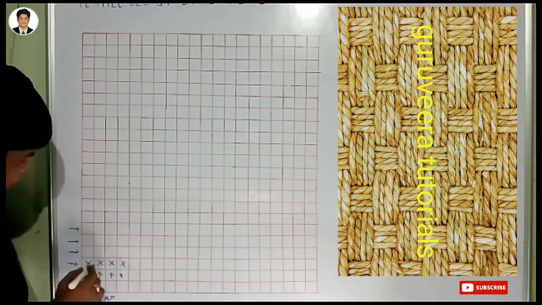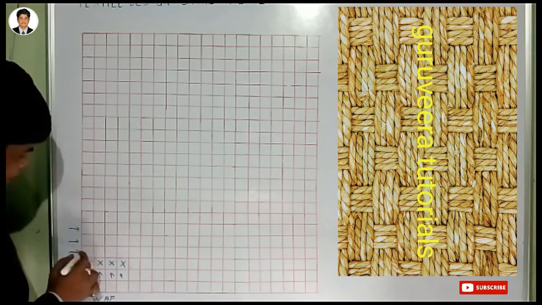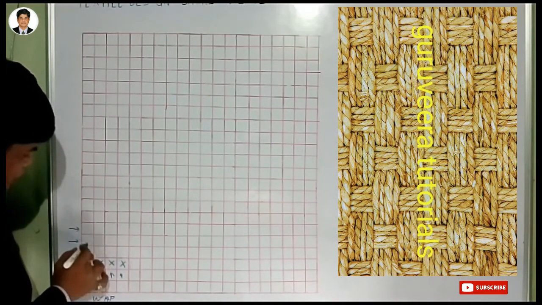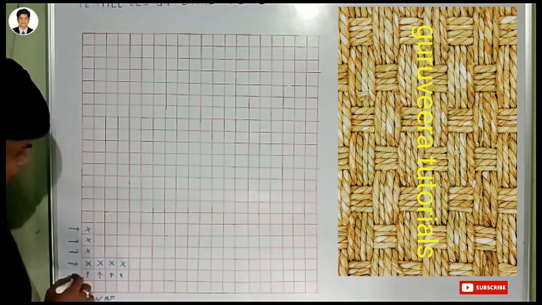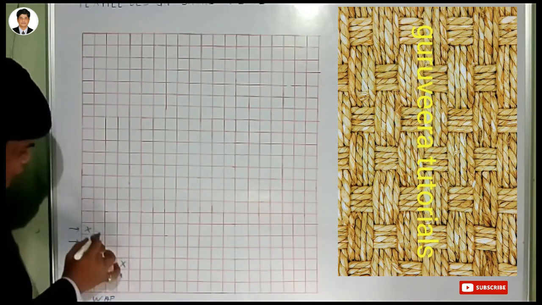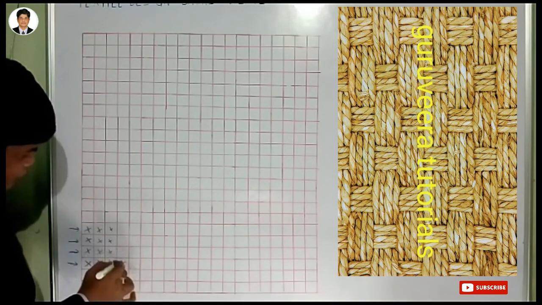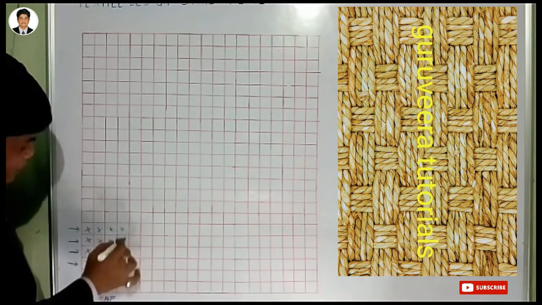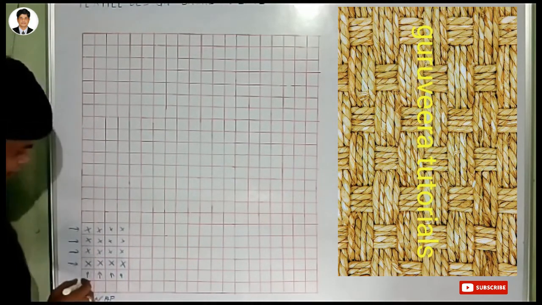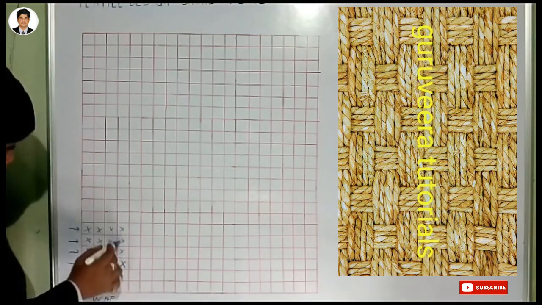Now, how many? It is floating over 4 threads. 1, 2, 3, 4.